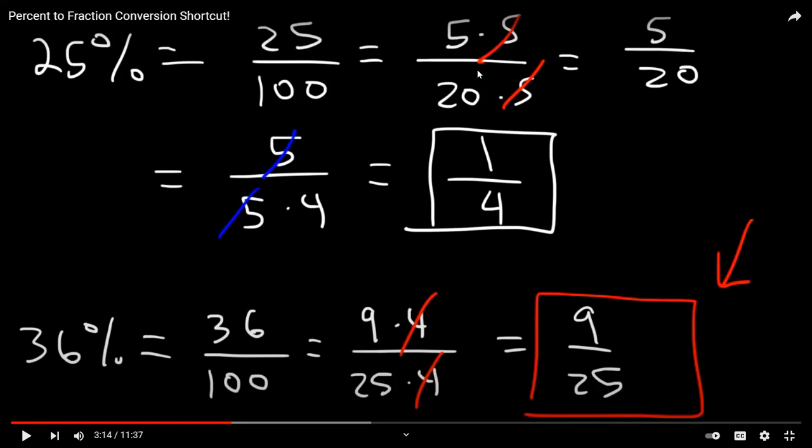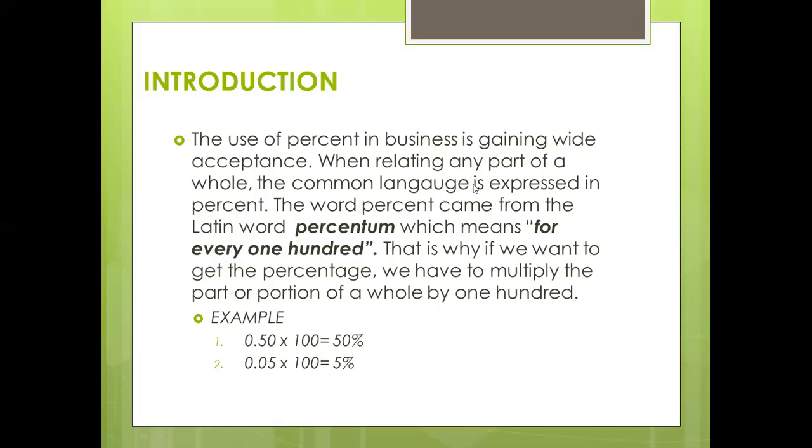Before ending this lesson, let's do a recap of what we have learned. Again, the use of percent in business is gaining widened acceptance. When relating any part to the whole, the common language is expressed in percent. The word percent came from the Latin word percentum, which means for every 100.